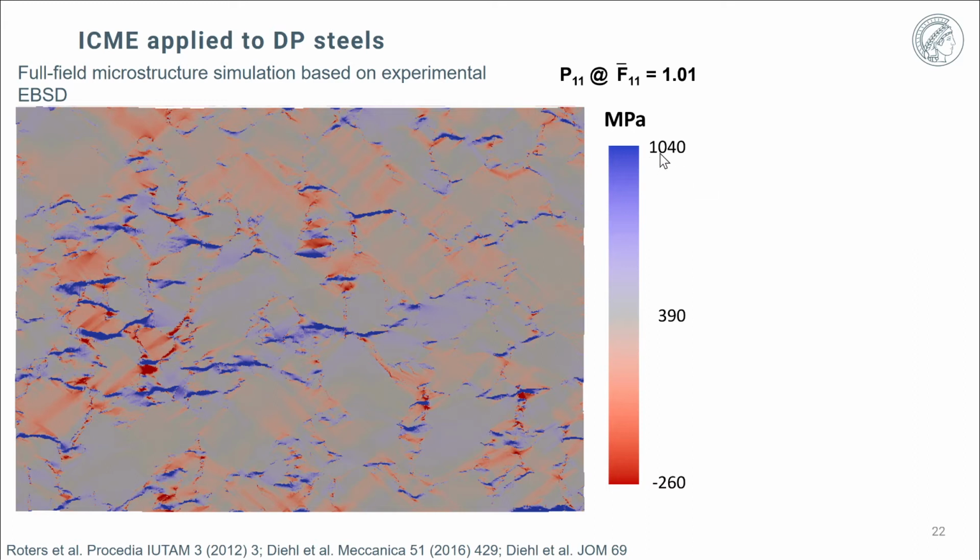First of all, you see up to 1 gigapascal tensile response, as you see here in terms of these blue areas. Surprisingly, however, you can also see some compressive regions, which are simply due to the fact that you have adjacent regions which are forming closer together, so that they put the material between them under a compressive load.